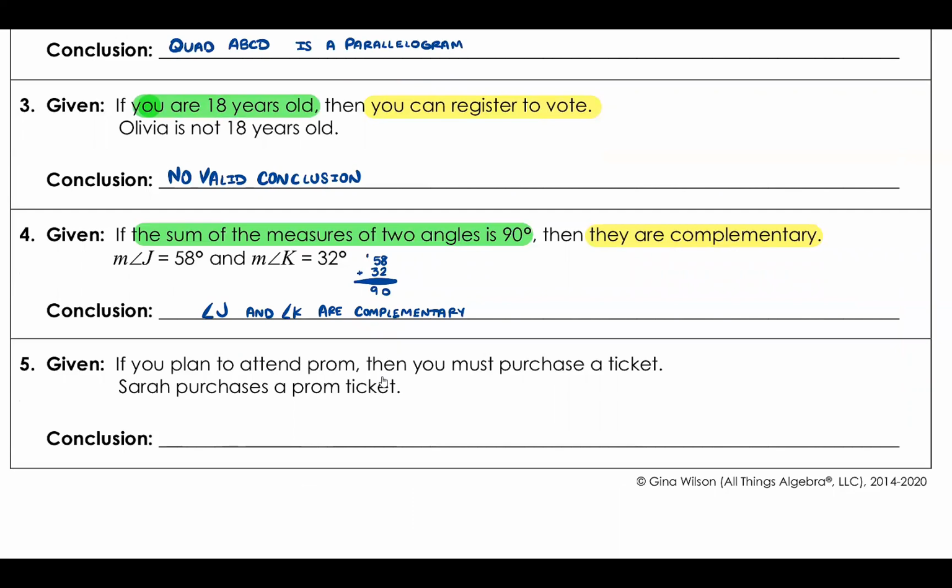Okay, one more. If you plan to attend prom, is our hypothesis, then you must purchase a ticket. Sarah purchases a prom ticket.